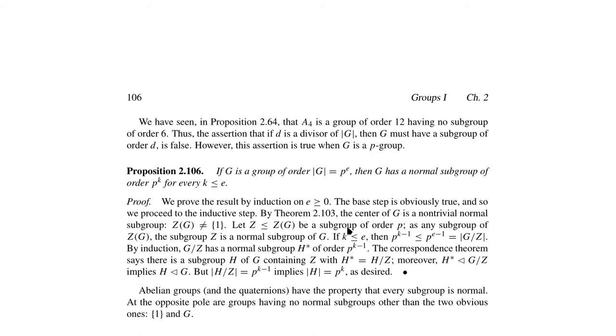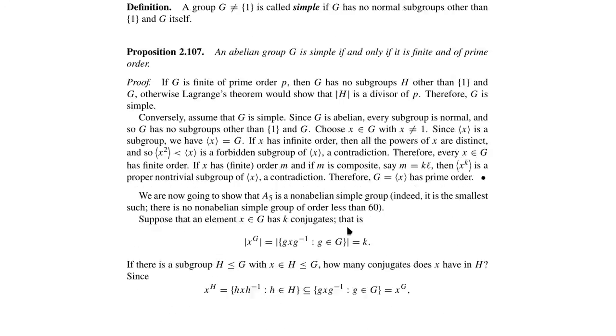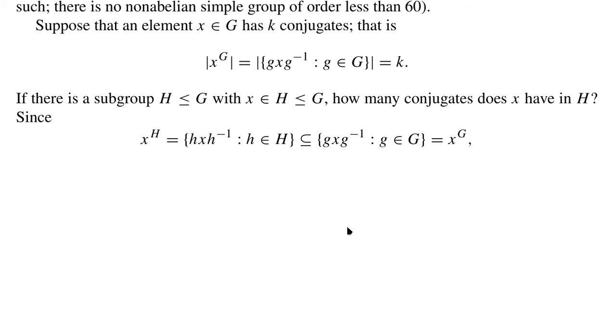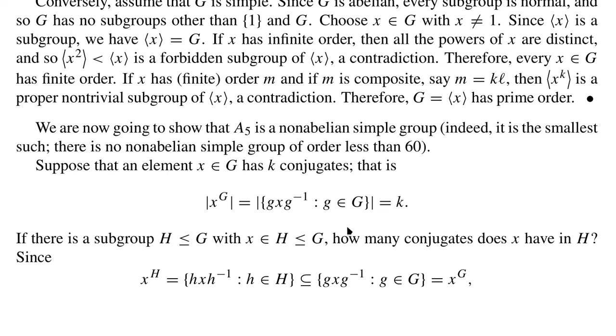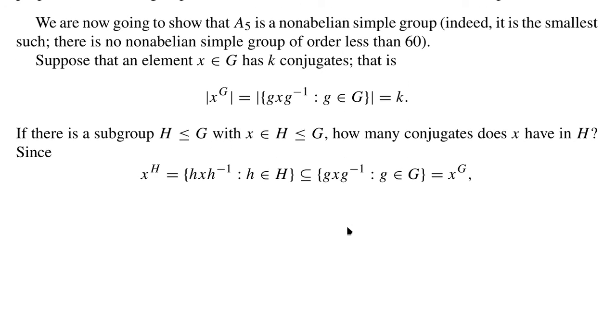Okay, let's see if we can do some of this. So, A5, the alternating group on 5 elements, is non-abelian and simple. Okay, makes sense. So if you take an element that has k conjugates, so its conjugacy class has k elements, and then you take a subgroup H of the group, you wonder how many conjugates X has in the subgroup.